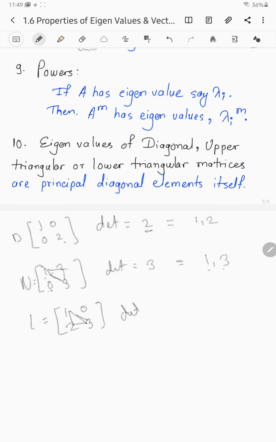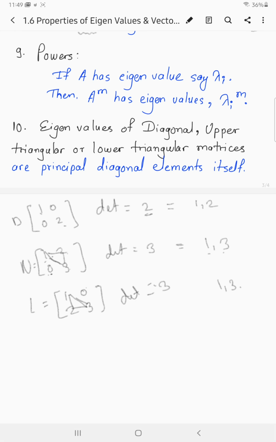Here also the determinant is 1 into 3 minus 2 into 0, which is 3. And the eigenvalues of this matrix are the diagonal elements, so 1 and 3. Okay, these are some properties. In the next part we will see some problems regarding this.